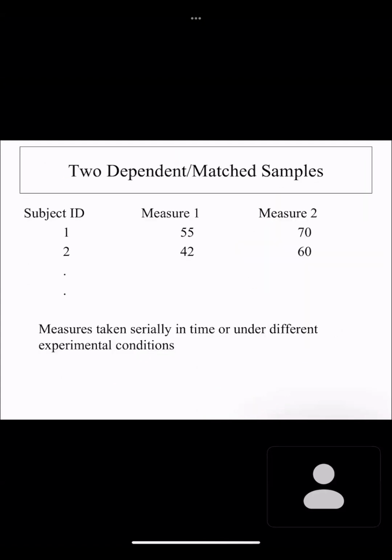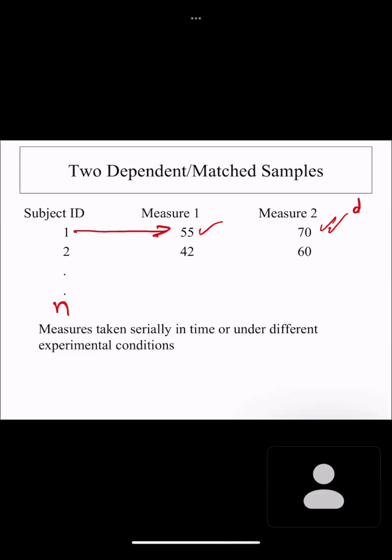Let's see how it works. We have a certain number of people, this is N. The same person, I measure him or her first, so I get a 55. The same person I measure after a while, and I have another measure. So I don't have an N1 and N2.